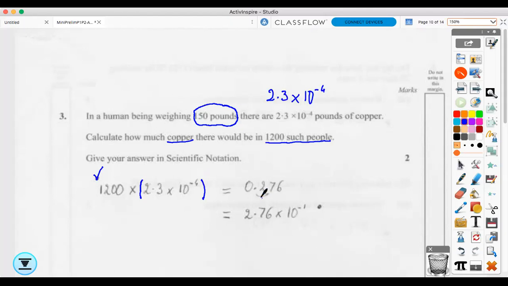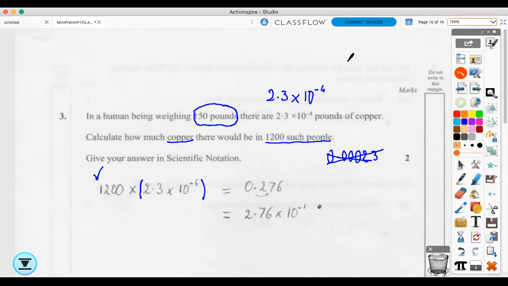I've seen people writing 0.00023. You can do that if you want, but I don't need that. What did I say your best friends should be?